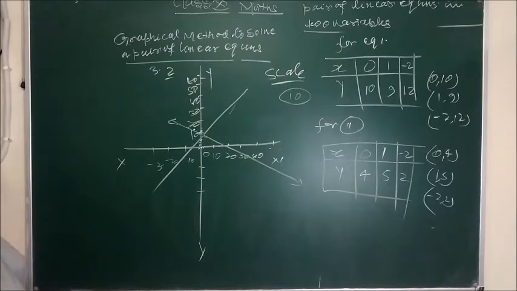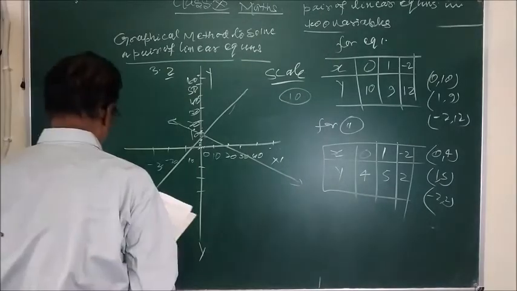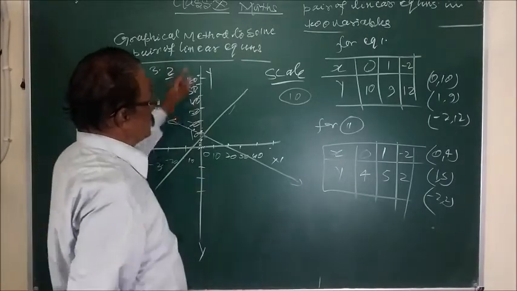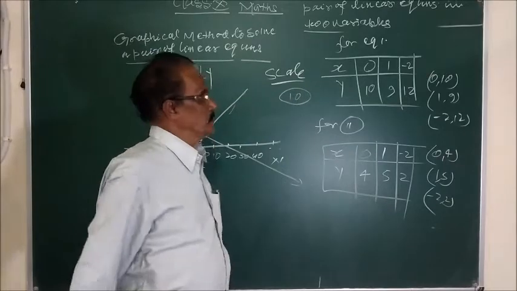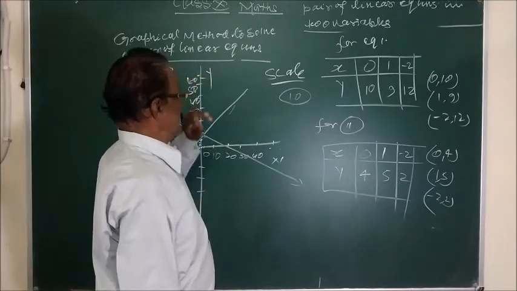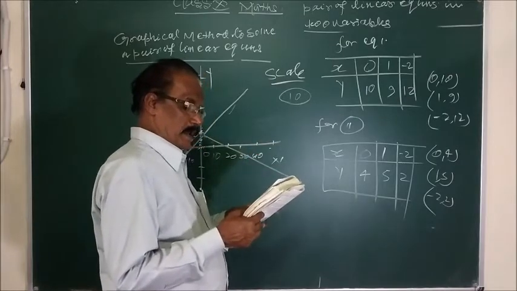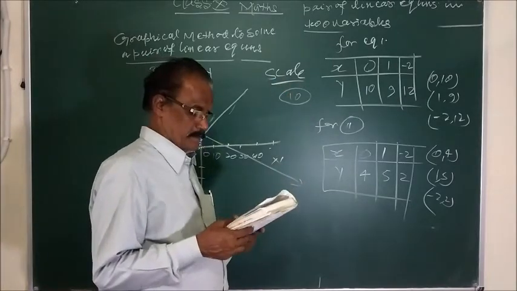So you will find it by the graphical method. Once again I would like to remind you: first find the coordinates of the given pair of linear equations. First you form the equation and then you find the coordinates.